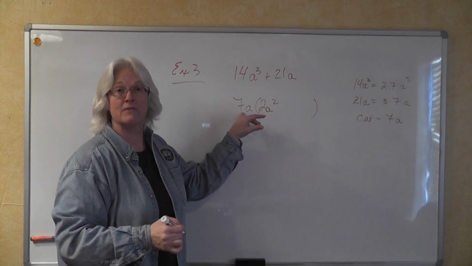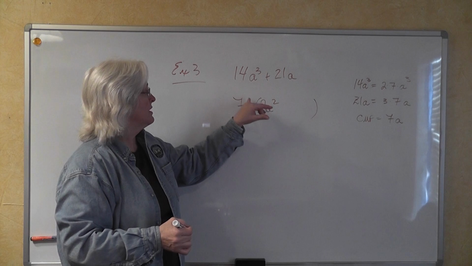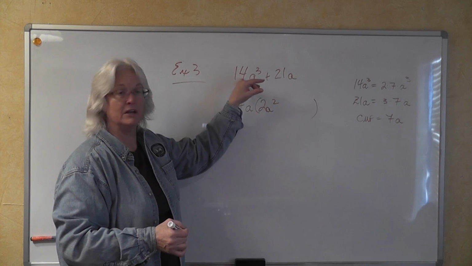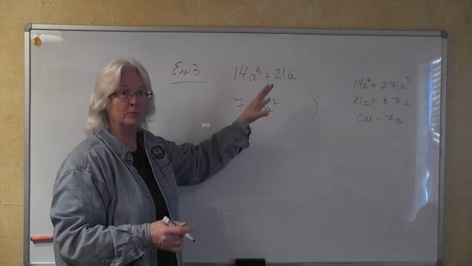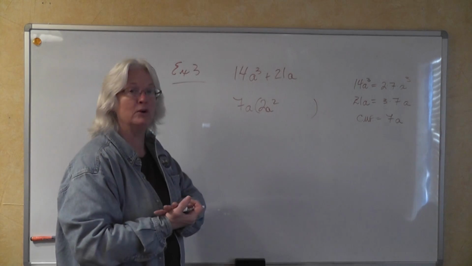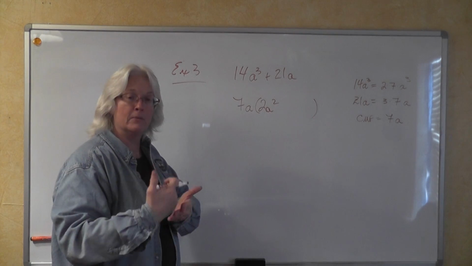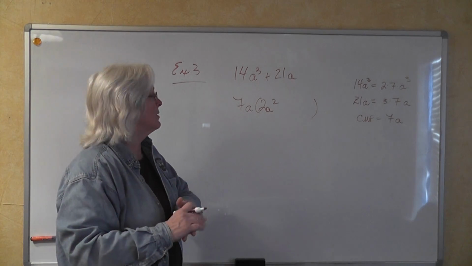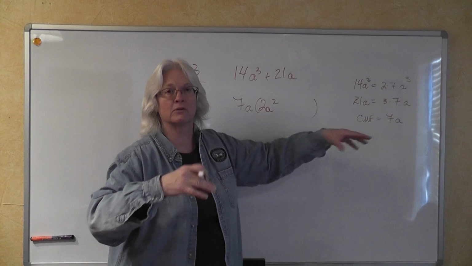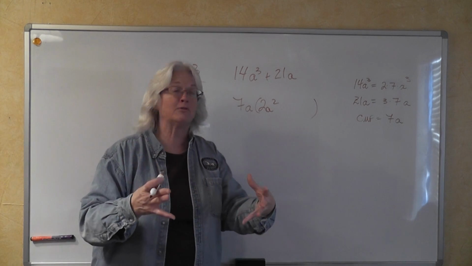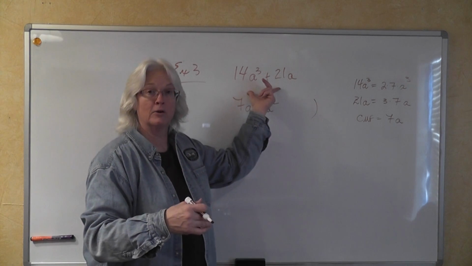Look at this. 7a times 2a squared. 7 times 2 is 14. a times a squared is a cubed. So this is a third way that you can look at this to come up with your common monomial factor. Well, you've gotten your common monomial factor, and then the factored form of your polynomial.